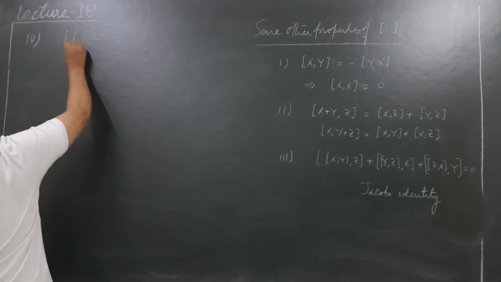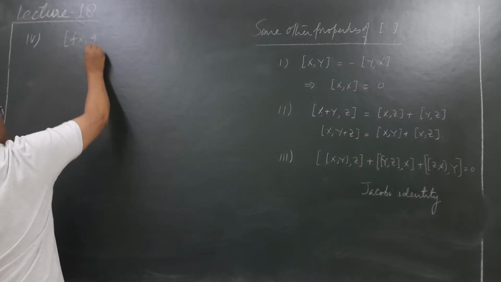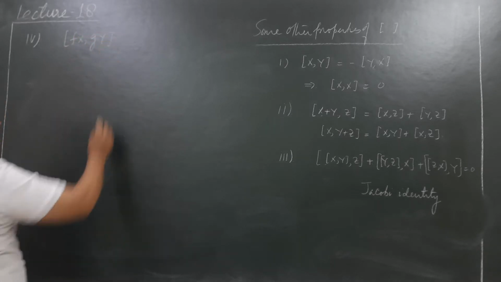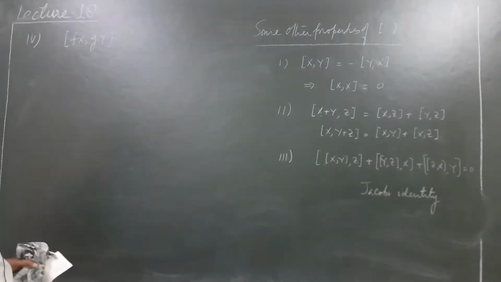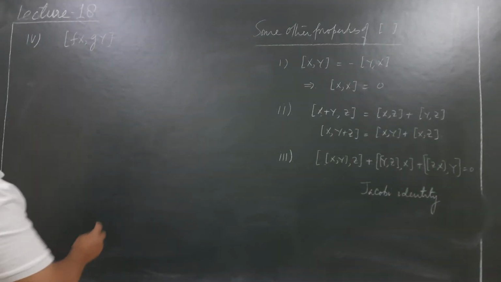Consider the Lie bracket of fx and gy. F, g, etc. they always denote real valued functions. X, y denote vector fields.